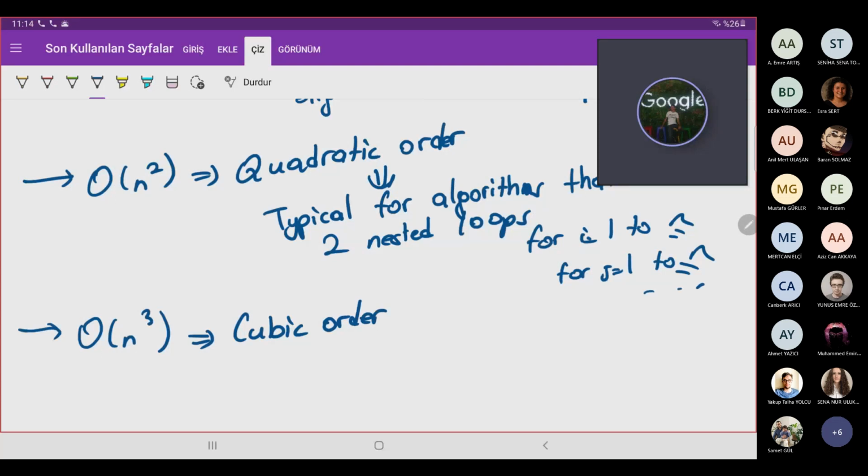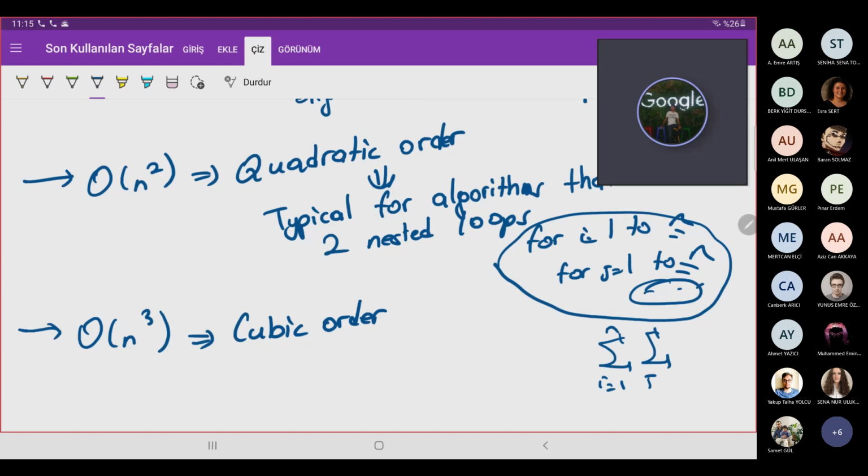If the pseudocode resembles something like this, and I make a constant time operation here, then it's n square most of the time. It's like I make a linear scan, and within each scan I make another linear scan, like in insertion sort. It depends, and then we need to make an explicit analysis, say i from 1 to n, j from i to n, and we will have examples like that.